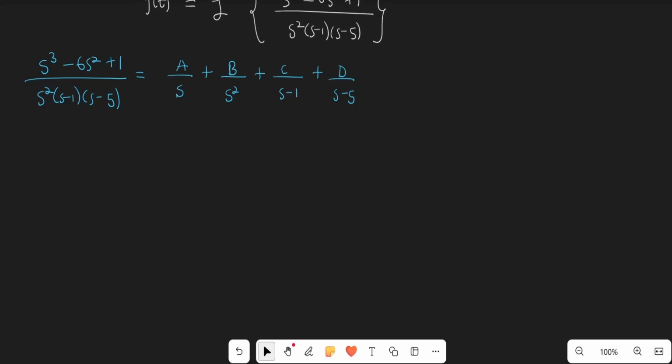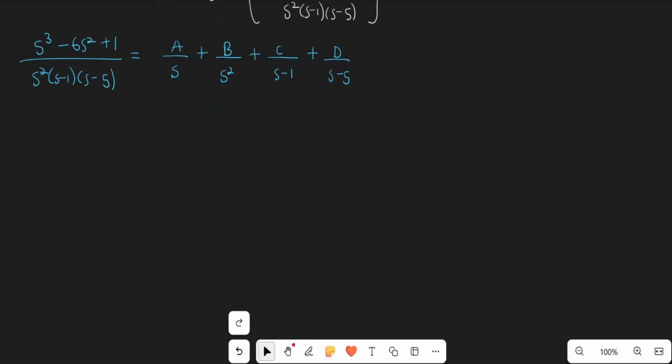So this is what we have. We will have to find A, B, C, and D. When we find that, then this question becomes trivial. We can easily take the Laplace inverse of all these separately. So we are now going to solve this to find the values of A, B, C, and D.